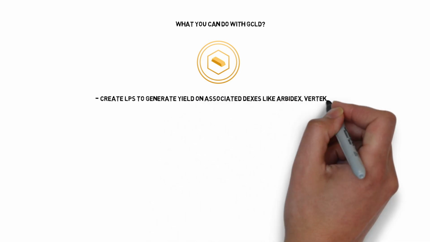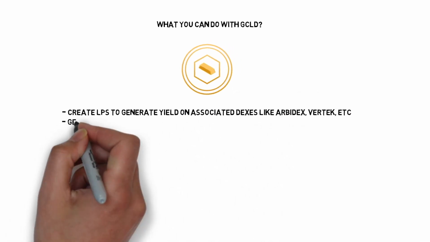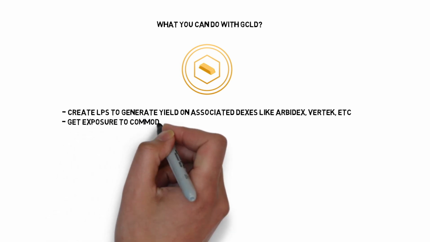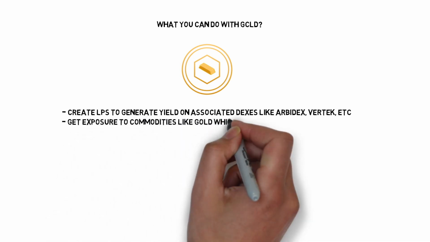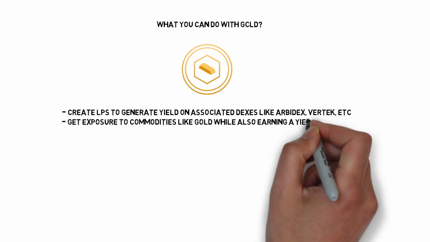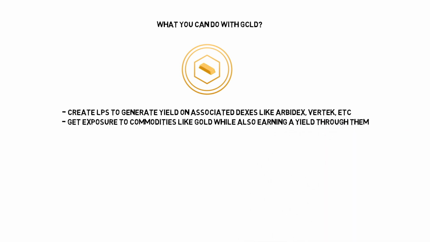You can use this C Gold token to create LPs to generate a yield on associated dexes like RBDEX, as I explained to you earlier, Vertex DEX, etc. This way, you get exposure to commodities like gold while also earning a yield through them. I hope that now you are clear on what's collective finance, what's C tokens, and how you can get exposure to commodities like gold while also earning a yield through them.